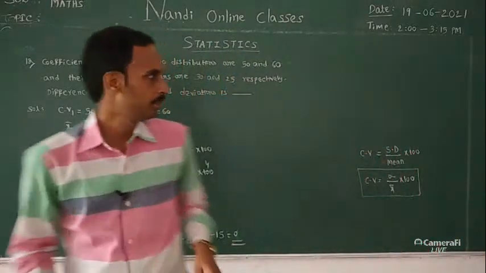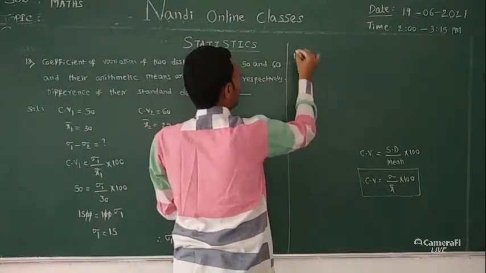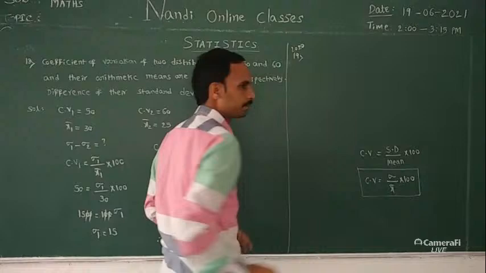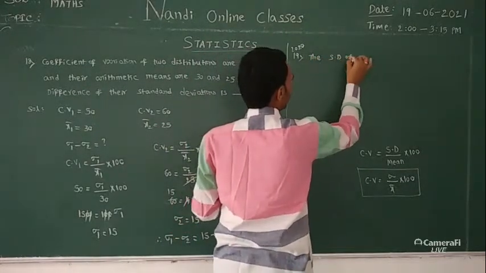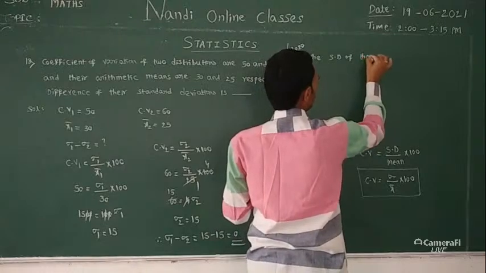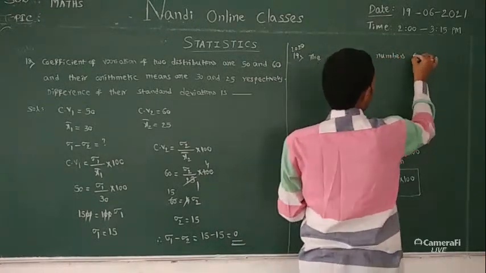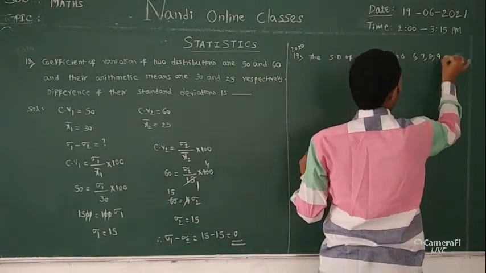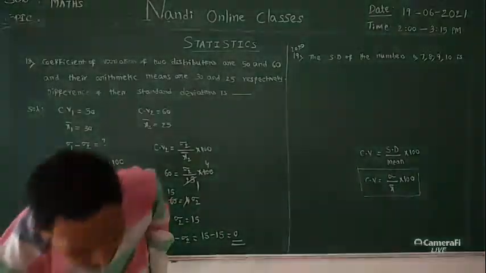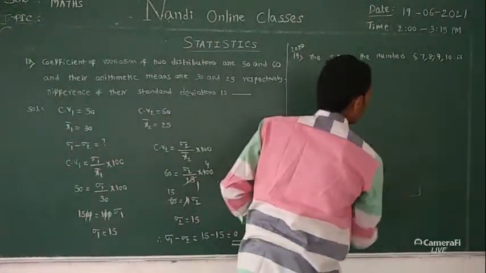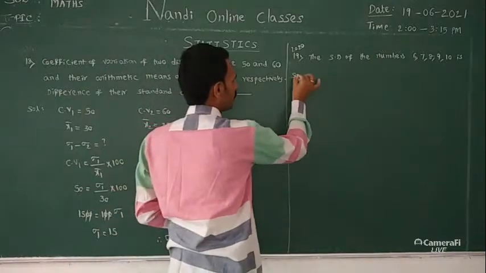Okay, 19th problem. This is given in 2020. The standard deviation of the numbers 6, 7, 8, 9, 10 is... Okay, solution.